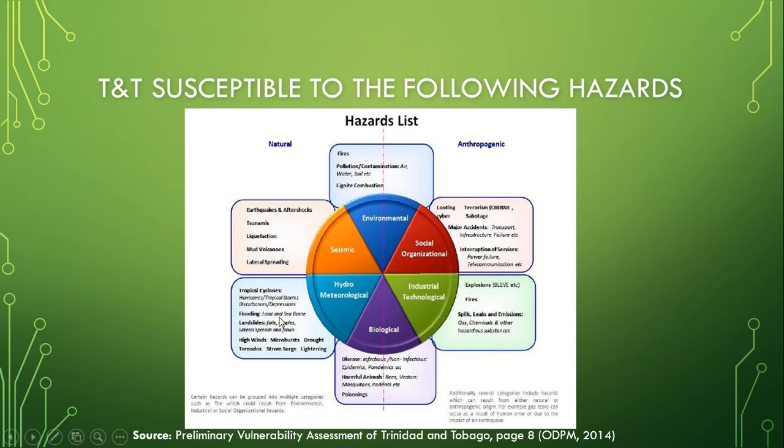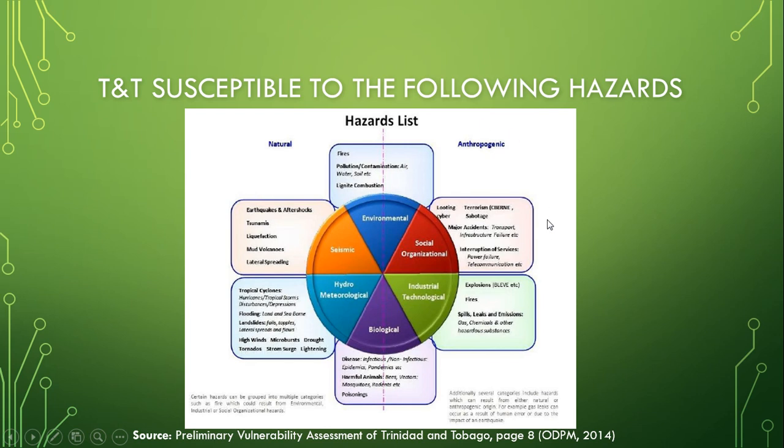We find that we'll be susceptible also to flooding, landslides, high winds, etc. If you follow with me, you will see that some of these hazards actually can occur both as a result of natural causes as well as human causes, such as pollution, fires, etc. Even disease can occur as a result of natural consequences or human causes.